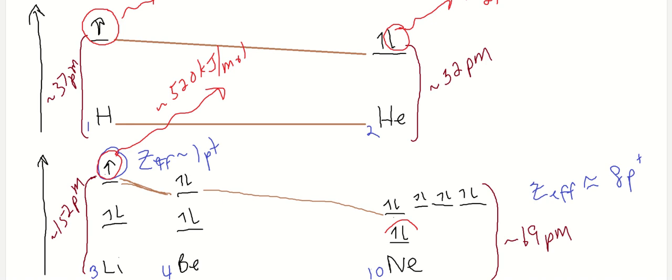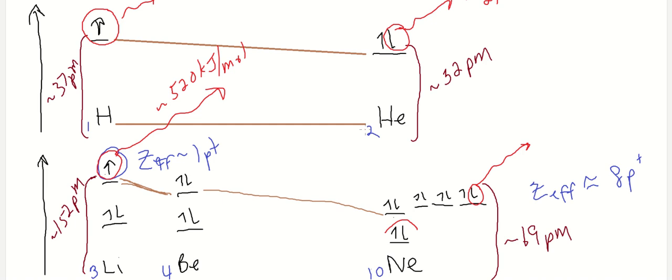Now, finally, how much energy do you think it would require to ionize one of these? Well, it'll be from the p, but one of these. Neon's valence electron. Hopefully you're thinking it's going to take more than lithium, but less than helium.